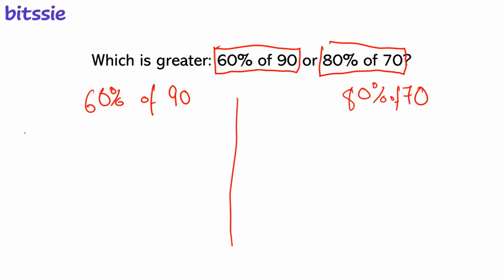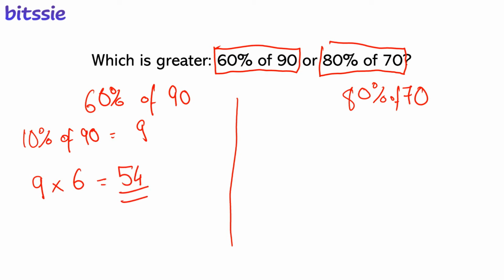First, let's calculate 10% of 90. This is equal to 9. Next, as there's 60% that we need to calculate, we need to do 9 times 6, which gives us 54. So 54 is our answer for 60% of 90.